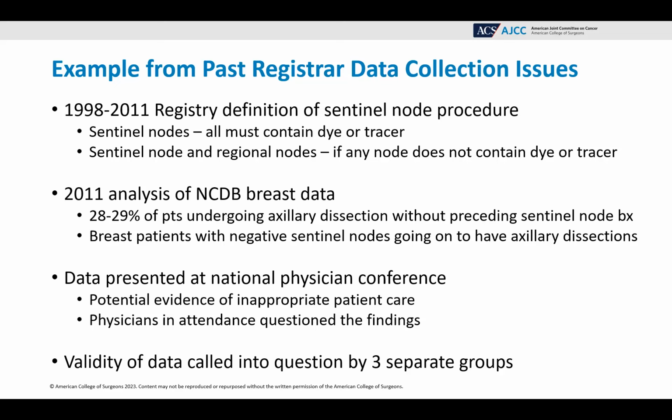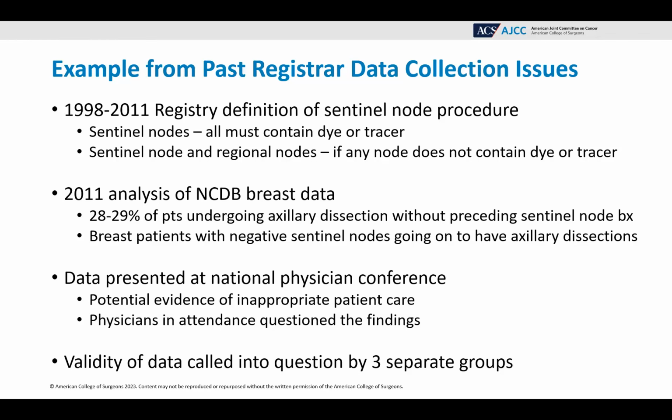Both the sentinel node and regional nodes would be coded if any node did not contain that dye or tracer. So that was the registrar definition that was written without any physician input.